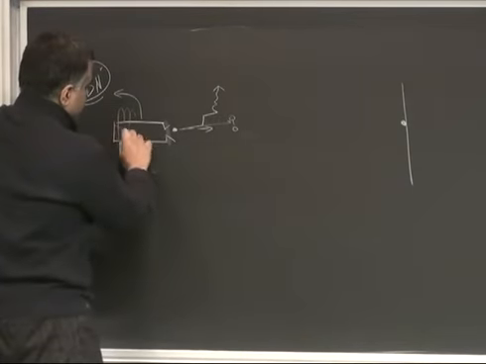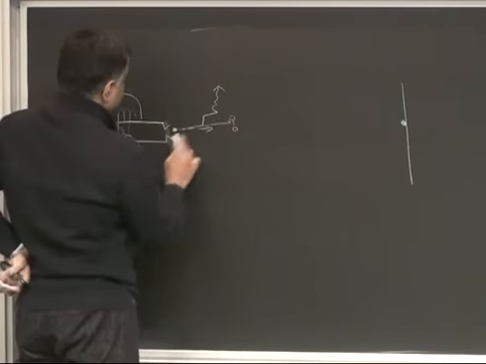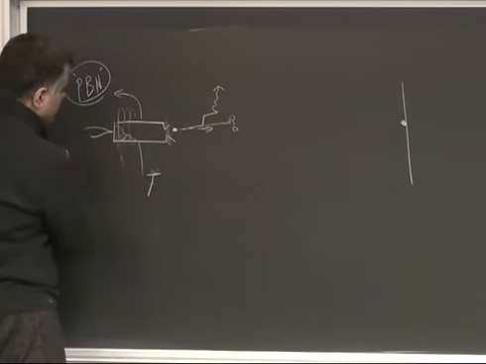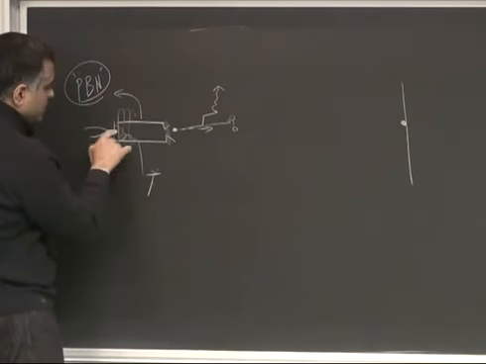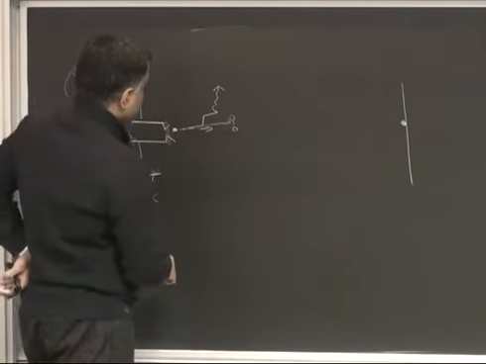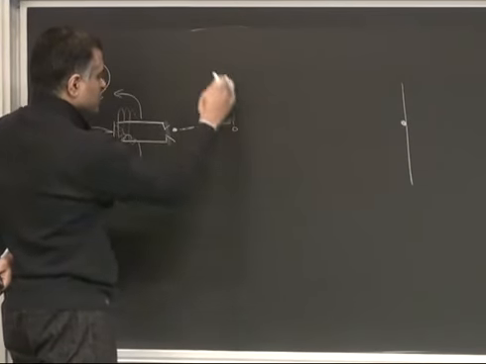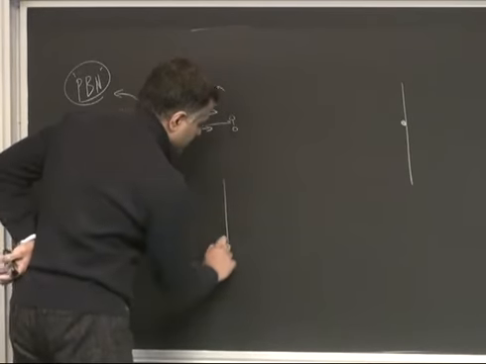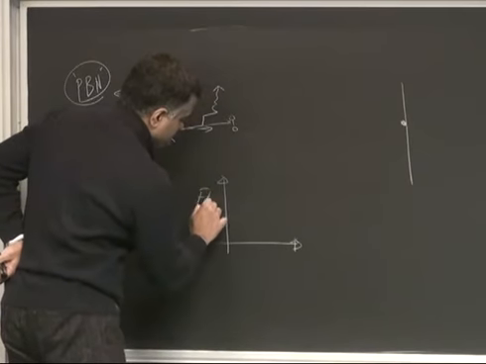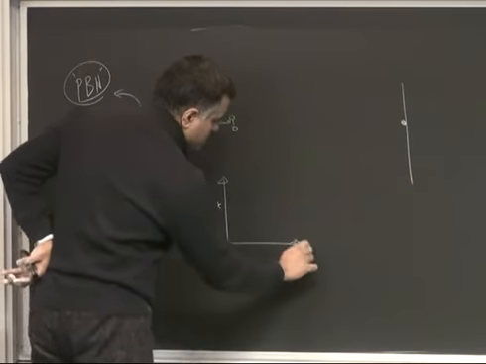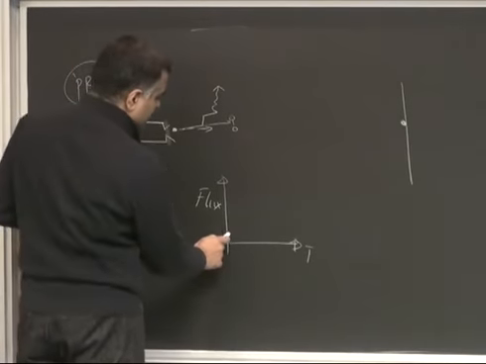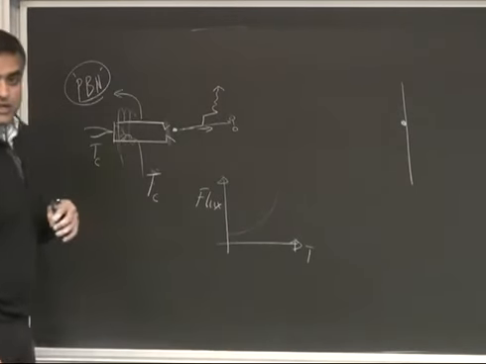There is a dynamics to it, and you'll have maybe a thermocouple connected to this end that's measuring the temperature of this crucible. If you make a plot of the flux of atoms coming out versus the temperature, what you'll see is an exponential, and this is something I think you may have seen many times.